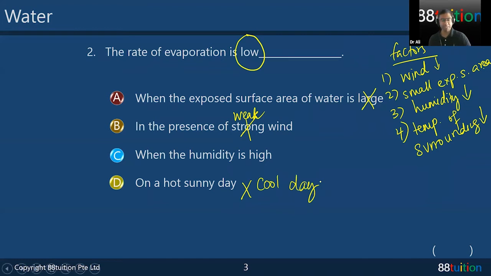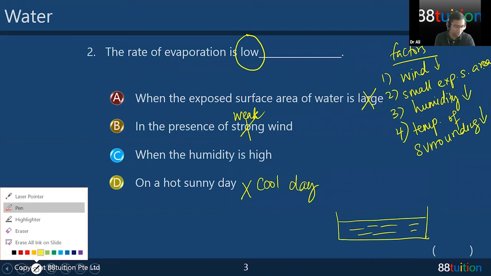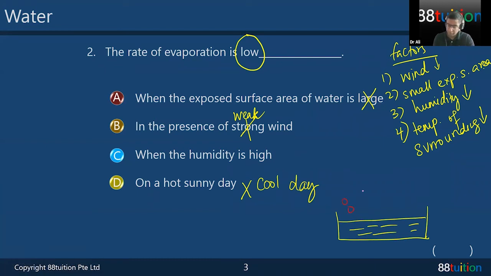However, humidity is high. What is humidity? When the humidity is high, it means the amount of water content in the air is very high. That's why in Singapore it's very, very hot because these air molecules, which are water vapor, are plentiful surrounding this area. So when the water tries to evaporate, the space is full.